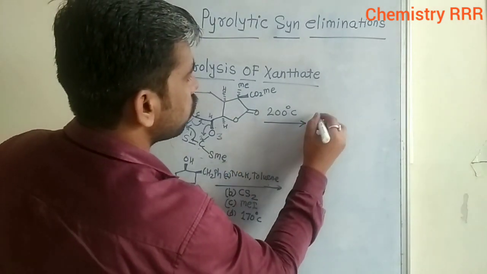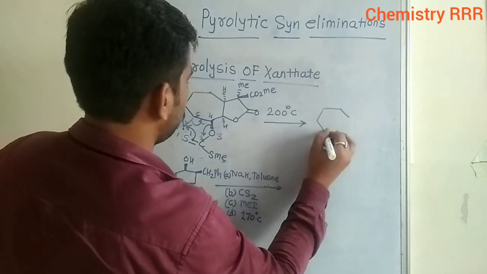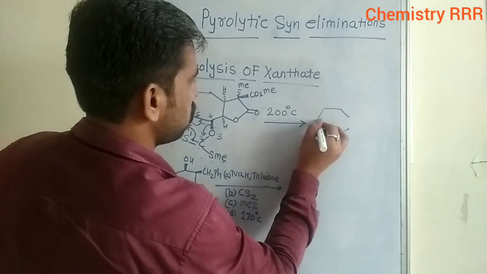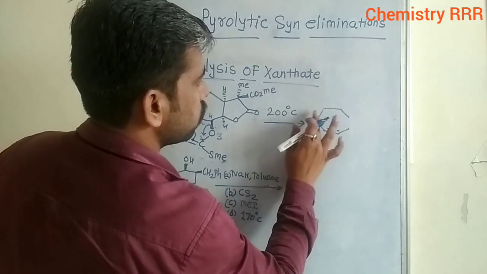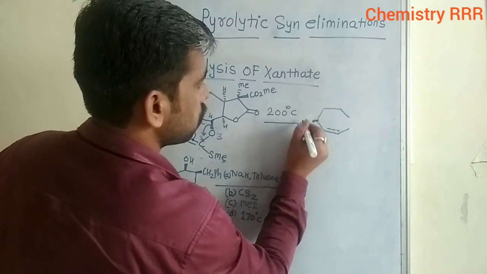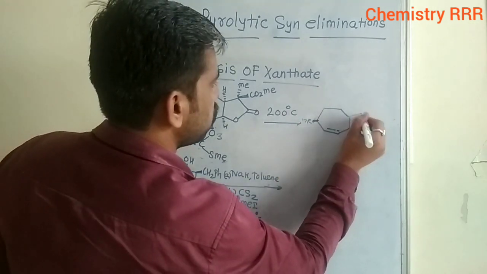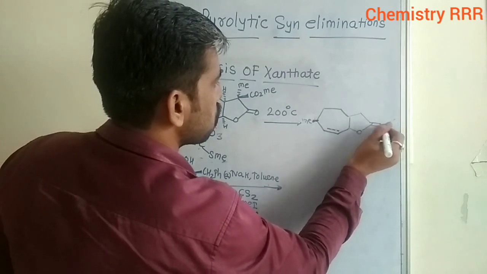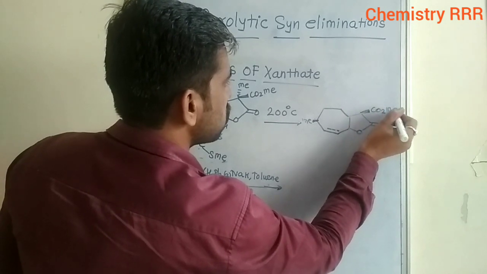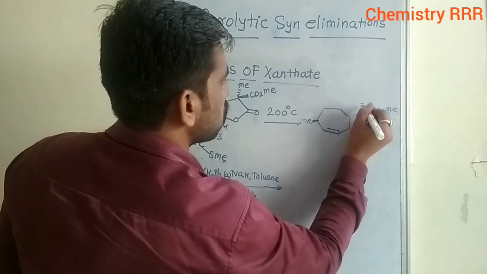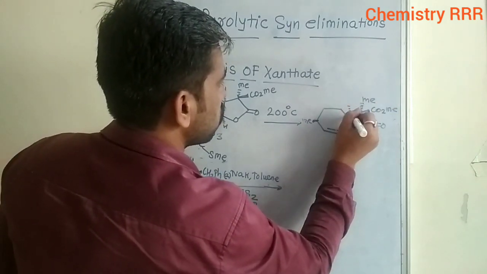Okay, now our product is here, a methyl group, then the CO2 group as it is, a Me, cis junction.